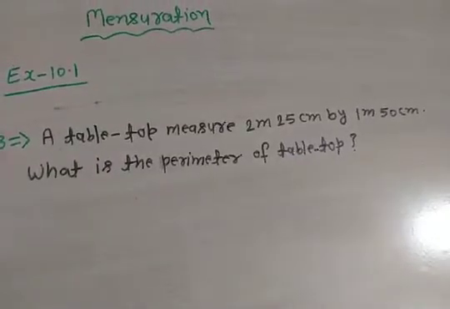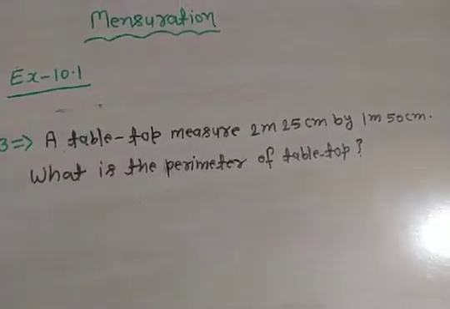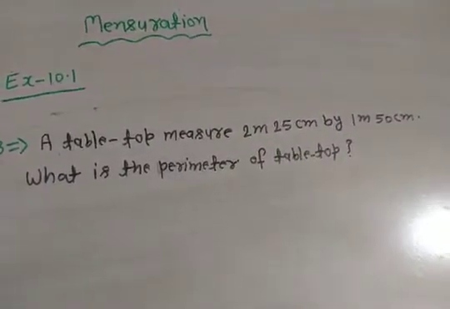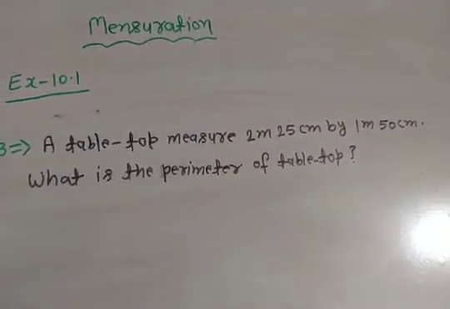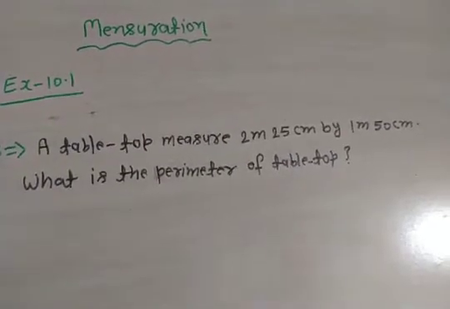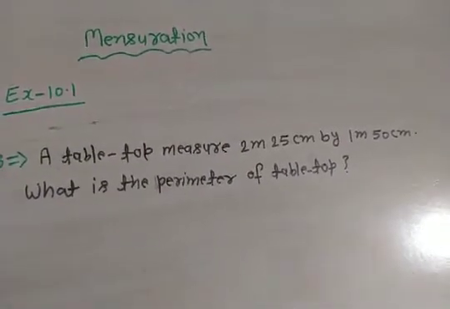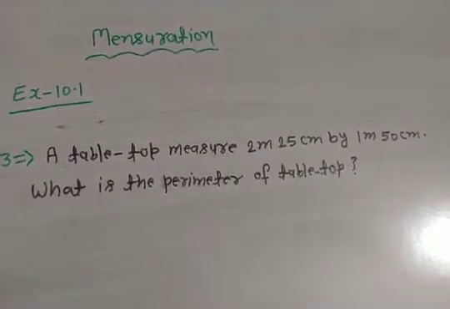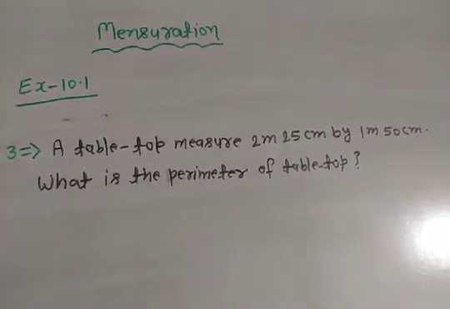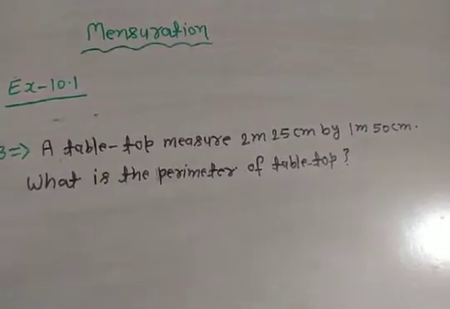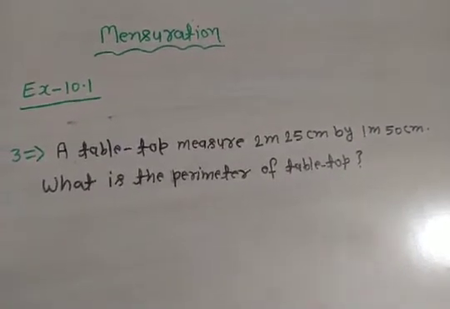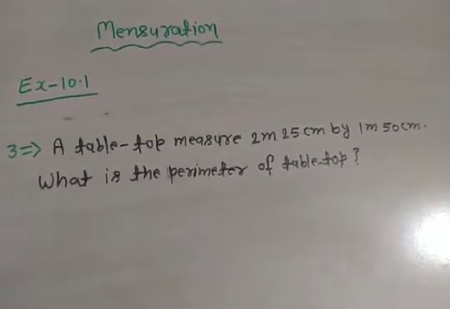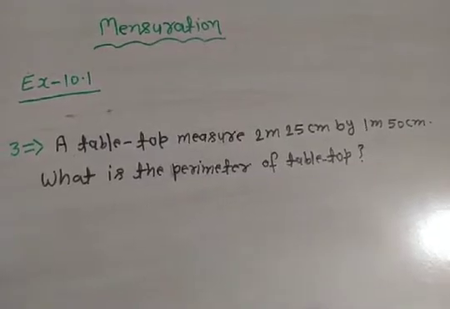It means that this tabletop is in rectangular shape, whose length is 2 meters 25 centimeters and the breadth is 1 meter 50 centimeters. So the perimeter of this tabletop is equal to, by the formula, 2 into (length plus breadth). We write in shortcut, length is L and breadth is B.